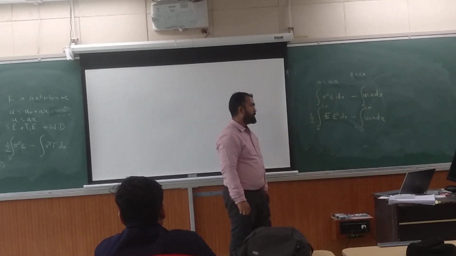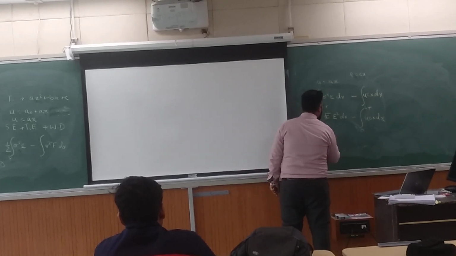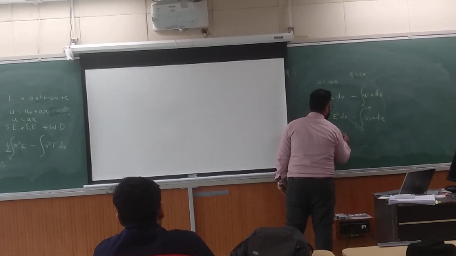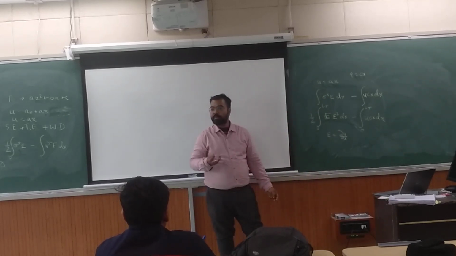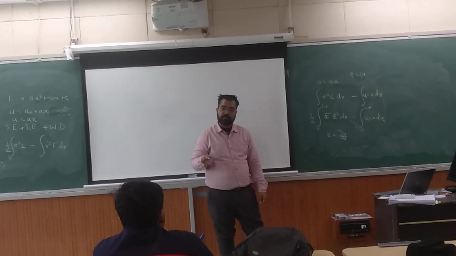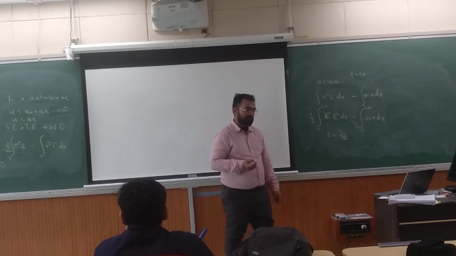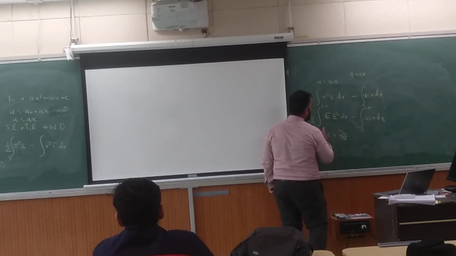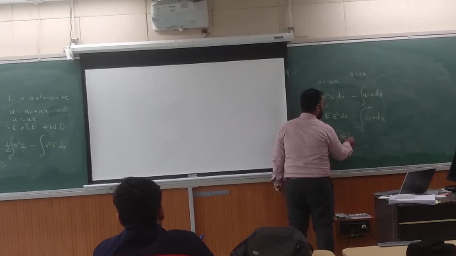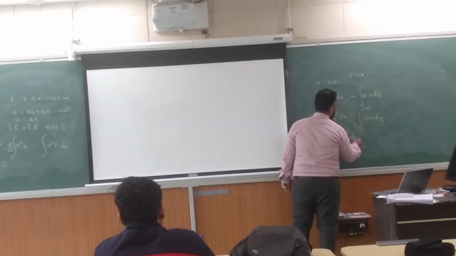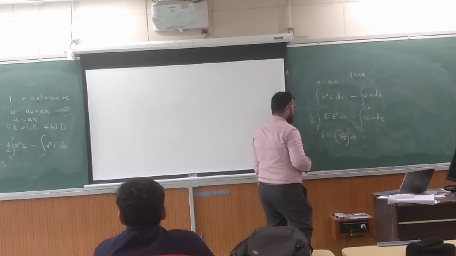So strain I can write as del u by del x. I don't have all those shear and all those things because it's a one-dimensional element. So it will just be del u by del x. So then here I will have E into this squared dx minus whatever.